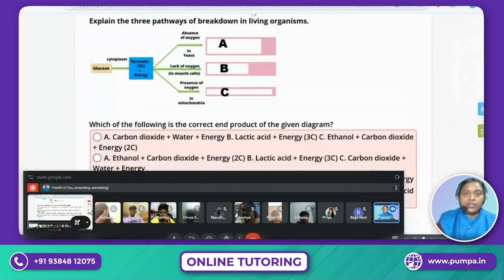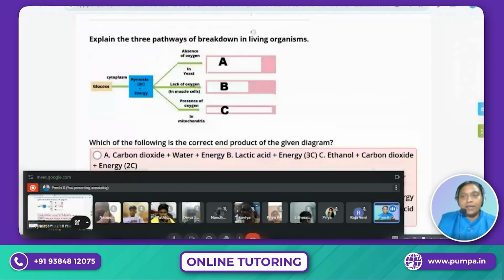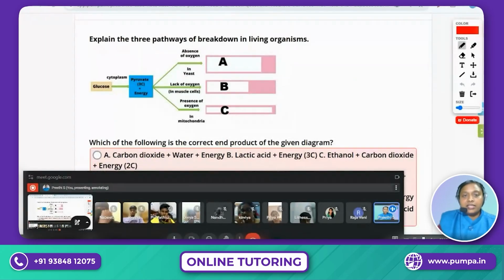For the first one, in the absence of oxygen, it is happening in the yeast. The respiration process which is happening in the absence of oxygen is called anaerobic respiration, as opposed to aerobic respiration.